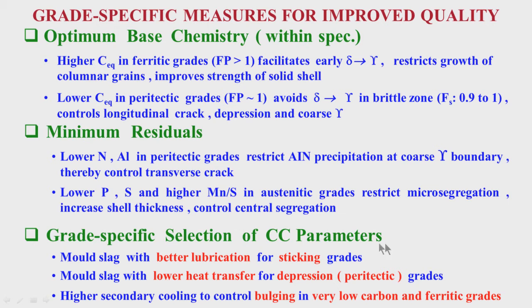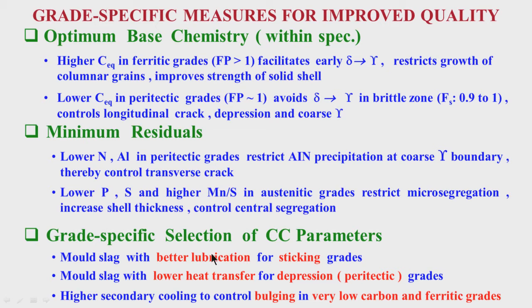So first let us talk of this grade specific selection of casting parameters. How do you do it? Like I have mentioned, for the sticking grades, the important parameter there is lubrication. It has to have better lubrication in the mold, so that the sticking situation can be taken care of, so that the friction owing to sticking does not go beyond a certain critical value.